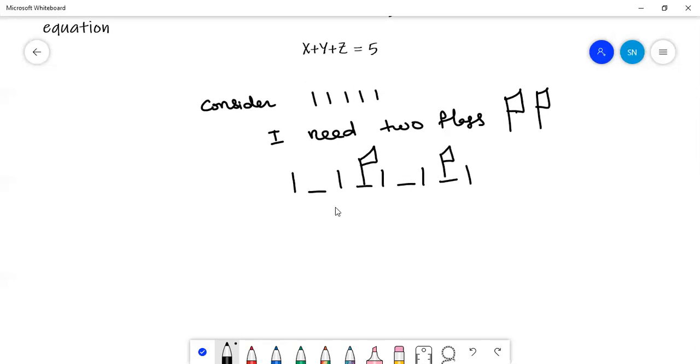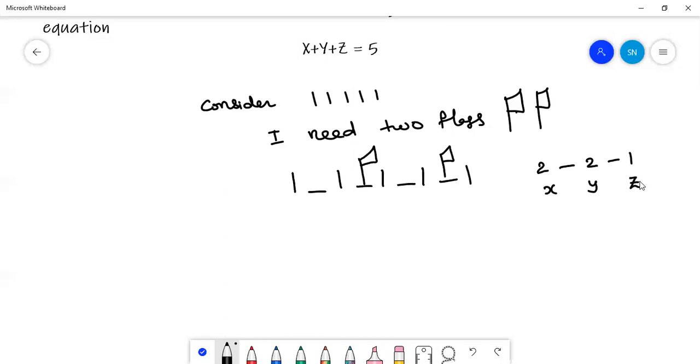So the number of ones before the first flag is 2. The number of ones in between these two flags is 2. The number of ones after the second flag is 1. So it means x is equal to 2, y equal to 2, and z equal to 1.